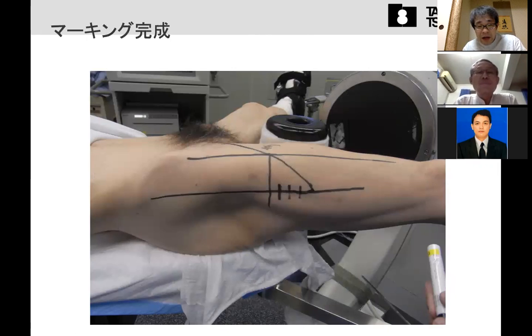If we do the marking like this before the operation, we can do the operation through a very small skin incision, normally 2 or 3 millimeters. Without the marking, sometimes we have to extend the wound to find the best place to insert the implant.